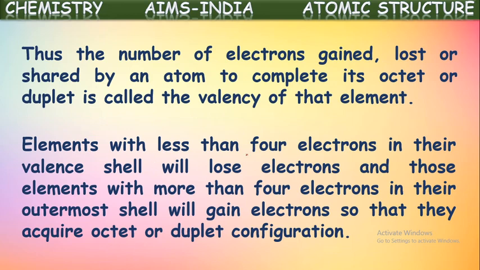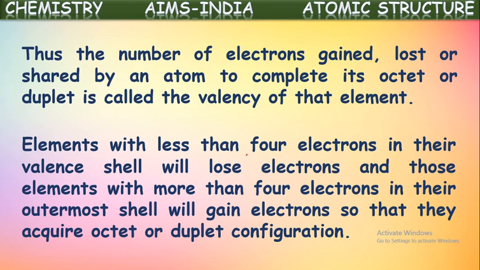Elements with less than 4 electrons in their outermost shell or valence shell generally will lose electrons, and the elements which have more than 4 electrons in their outermost shell will gain electrons to get the octet. The elements which have nearly 4 electrons may share electrons.